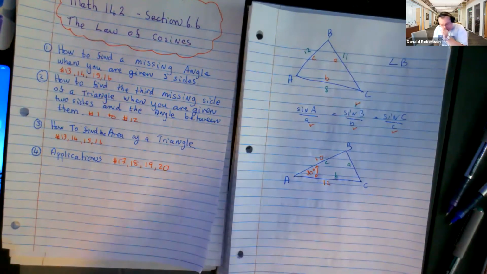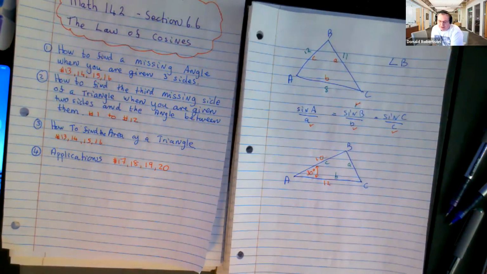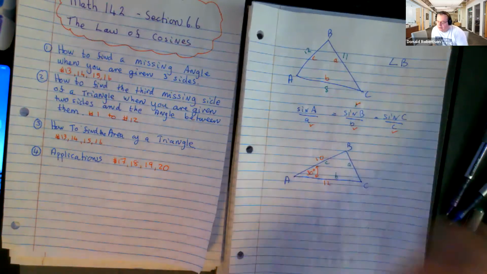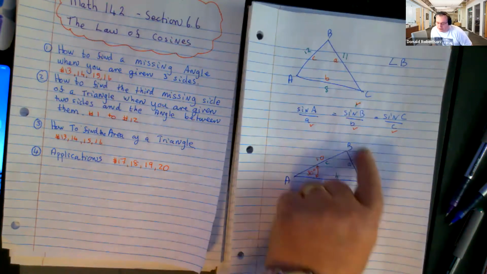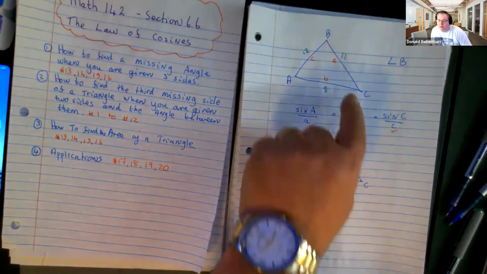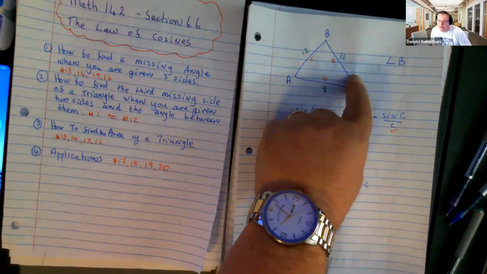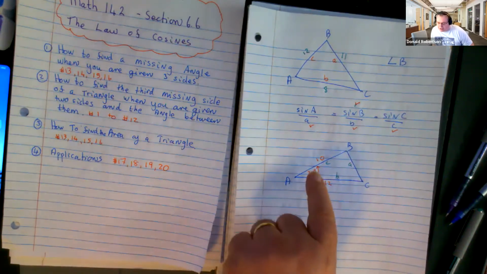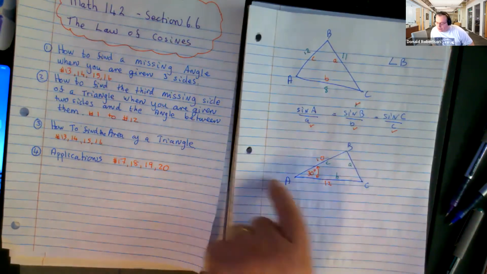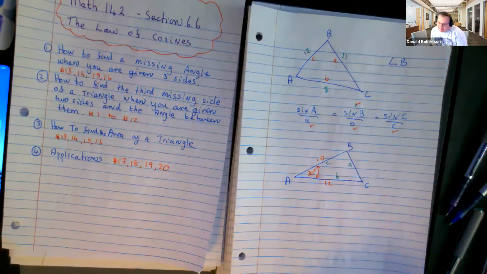You cannot use the sine rule to find the missing side A. In fact, you can't use the sine rule to find anything in that picture. The sine rule won't work. So three sides, you can't use the sine rule. Two sides and the angle in between, you cannot use the sine rule. So we needed a new rule.